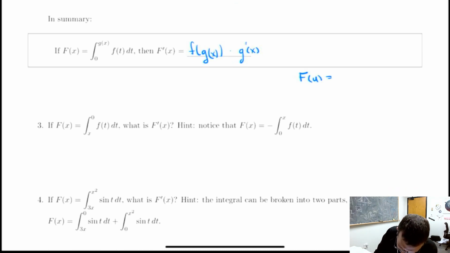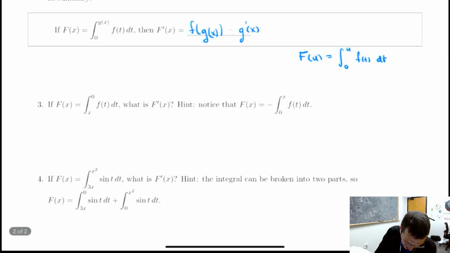To see that, let's define capital F of u to be the integral from 0 to u of f of t. Then the integral from 0 to g of x would be capital F of g of x.